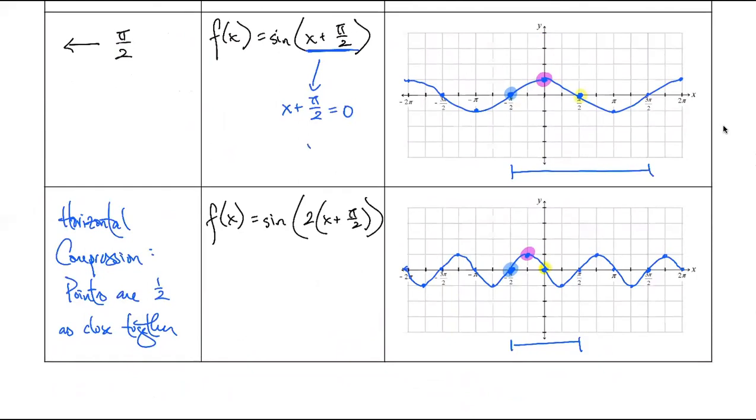Okay, so x would equal negative pi over 2, right? Like I just moved the pi over 2 to the other side. That means this is your new center point, right? And so everything happens around that point. Does that make a little bit more sense?